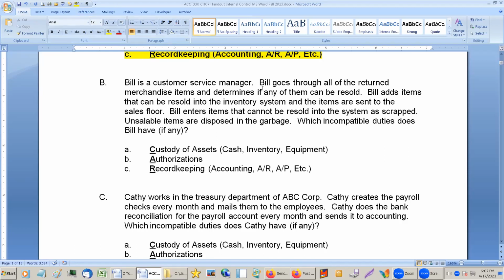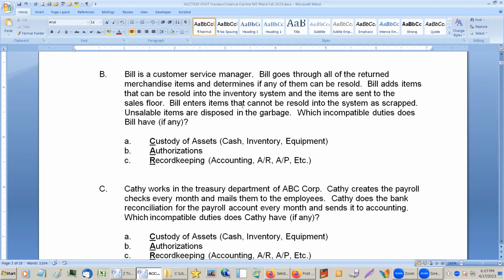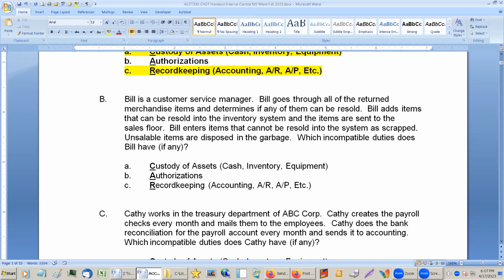Okay, Bill's a service manager. He'll go through all the returned merchandise items and determine if any of them can be resold. All items that can be resold are entered into the inventory system, and the items are sent to the sales floor. Bill enters items that cannot be sold into the system as scrapped. Unsaleable items are disposed in the garbage. Which incompatible duties does Bill have?